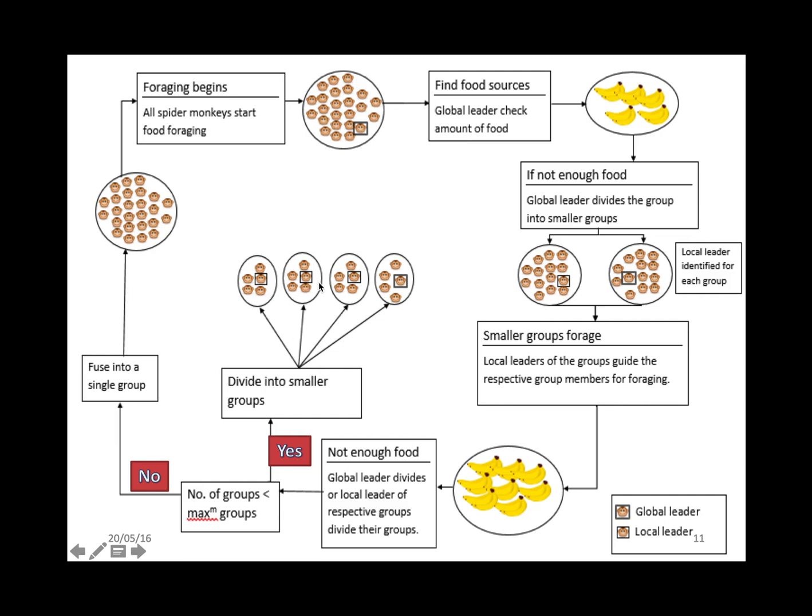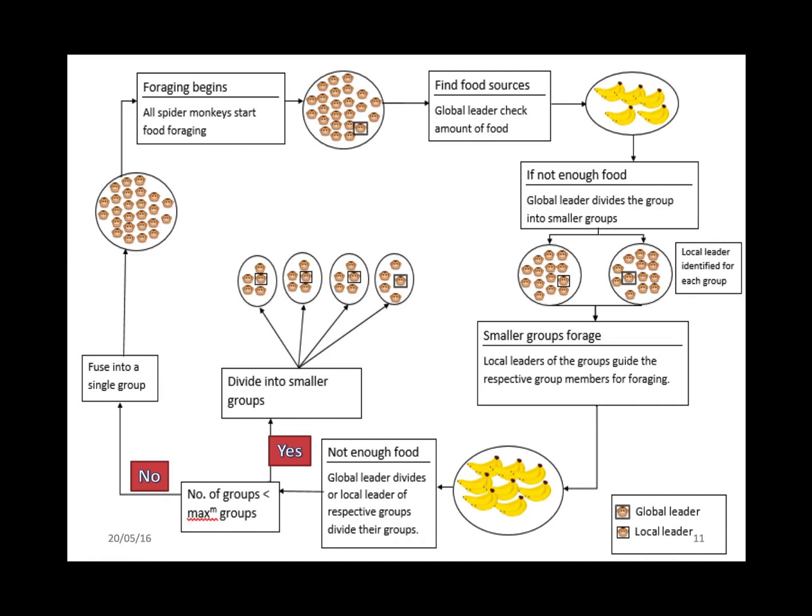In real life it is evening, but in our algorithm we define evening as the maximum number of groups being formed, or the minimum number of monkeys being reached in a single group, because you can expect swarm intelligence behavior from a group of individuals only if the group has a sufficient number of individuals.